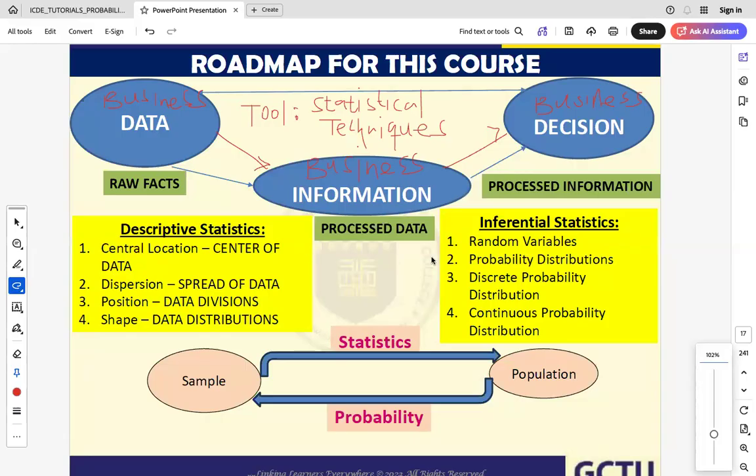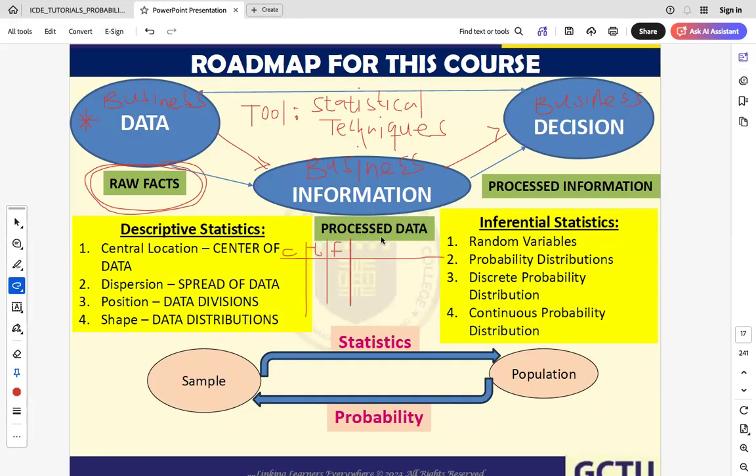The table we have done, where we started from the classes, the tally, the frequency, the relative frequency, the percent frequency, the cumulative frequency, the cumulative relative frequency, and then the last one, the cumulative percent frequency.